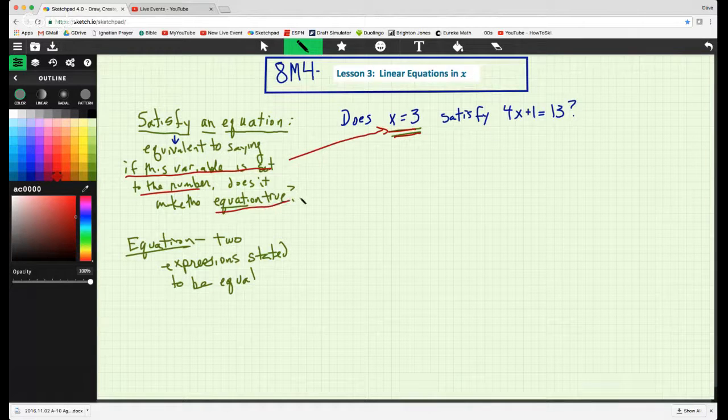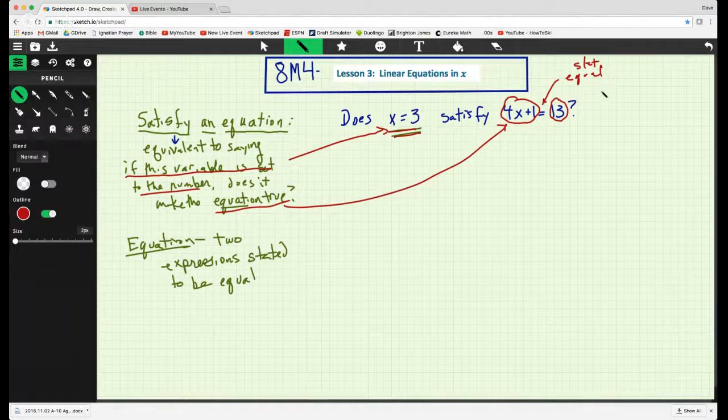So here is our equation. And our equation is two expressions that are stated as equal. So we can say, here's expression 1, and here's expression 2, and they're stated to be equal.